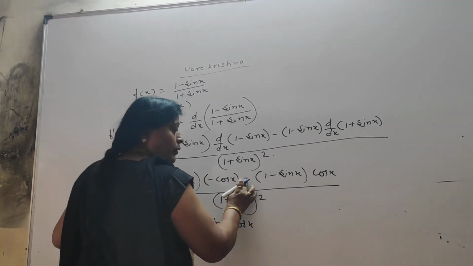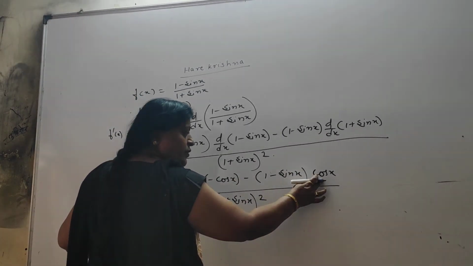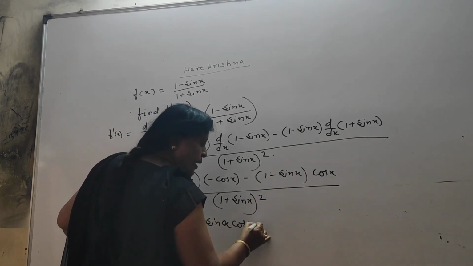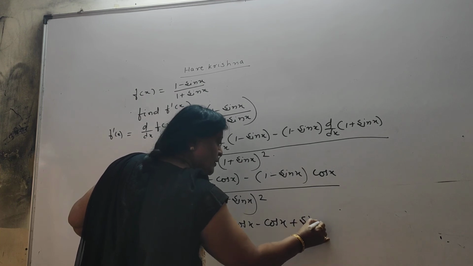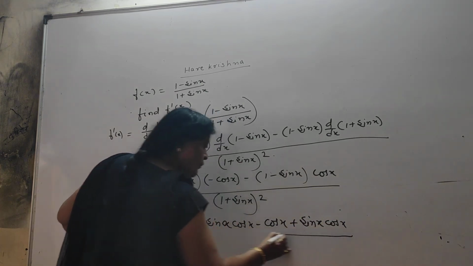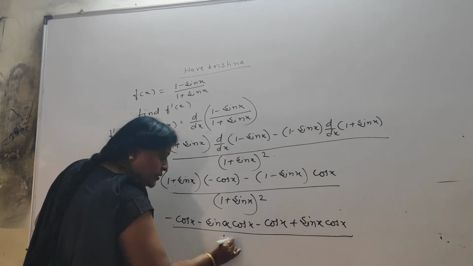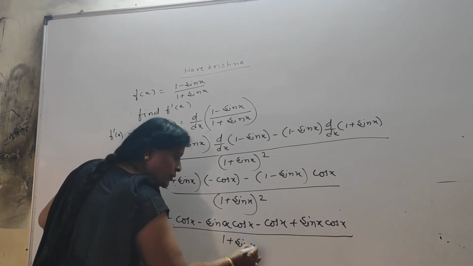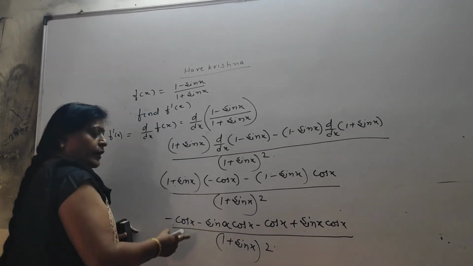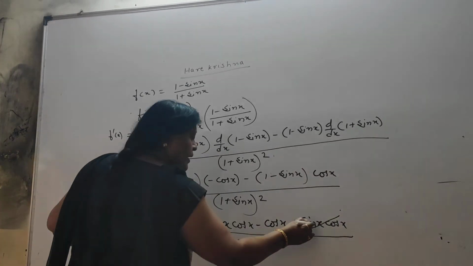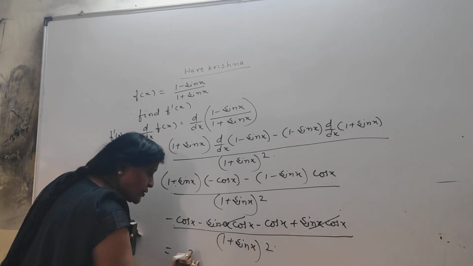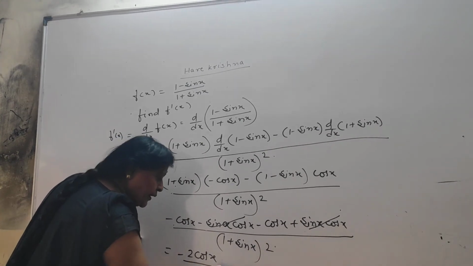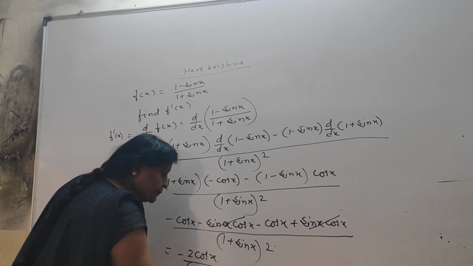Again you have to multiply with minus sin x as well as cos x. Minus cos x into 1 is minus cos x, and minus minus plus sin x cos x, divided by 1 plus sin x whole square. Again sin x cos x plus sin x cos x minus sin x cos x get cancelled. Minus cos x minus cos x is minus 2 cos x divided by 1 plus sin x whole square.